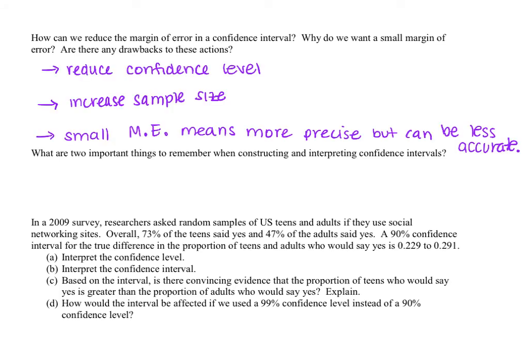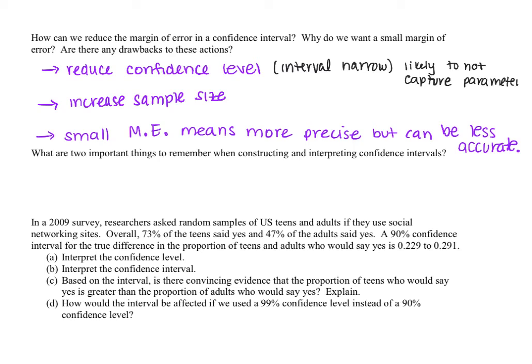So there's a couple ways to reduce the margin of error. The first one is to reduce the confidence level. If you reduce the confidence level, your interval is going to get narrower. So it is going to be a smaller margin of error, but you can be less accurate, so likely to not actually capture the true value, the parameter.